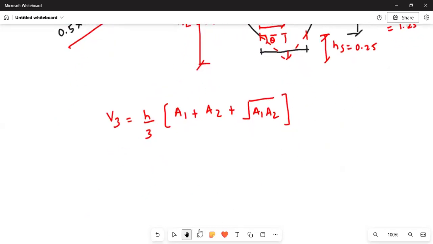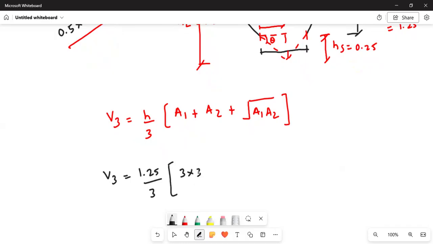So we can use this formula and we can find V3. V3 equal to H, that is height of the hopper bottom, 1.25 divided by 3. A1 is area of the top portion of the hopper bottom, that is 3 by 3. A2 is area of the opening, and we have assumed the dimensions of the opening, that is 0.5 by 0.5, 0.5 into 0.5 plus under root A1 into A2.